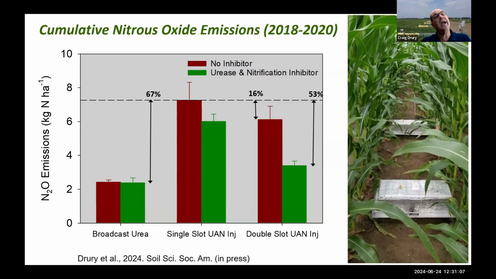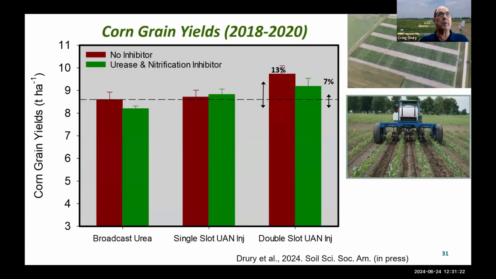Now we see that broadcast urea has lower N2O emissions. Part of that is because there's so much ammonium loss that there's not as much N left in the soil to be denitrified. So we really have to look at both in terms of a balance sheet approach.